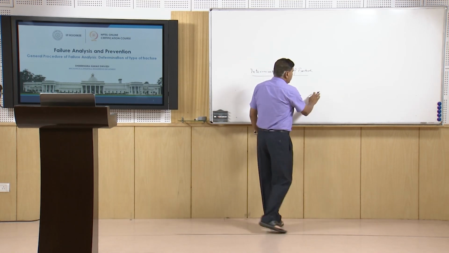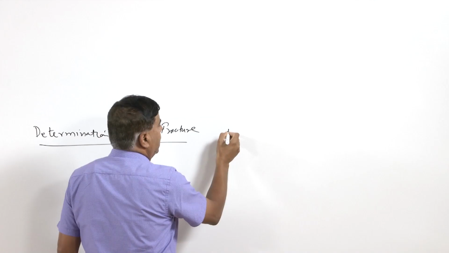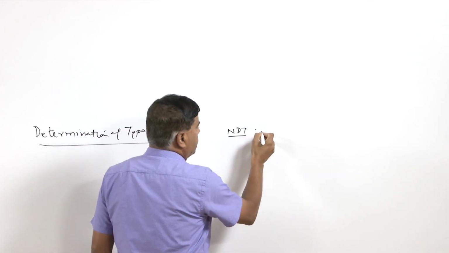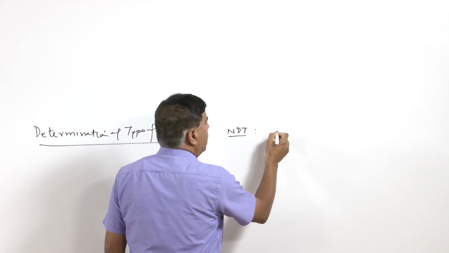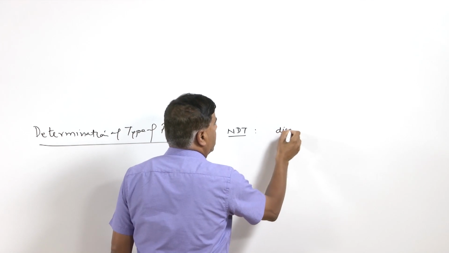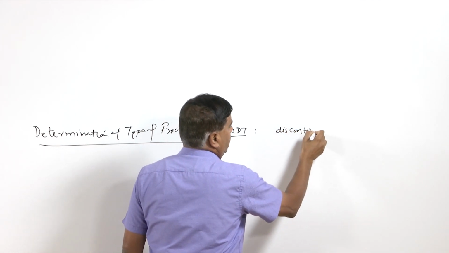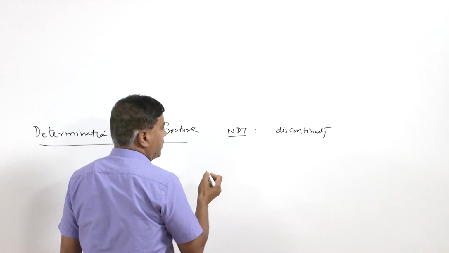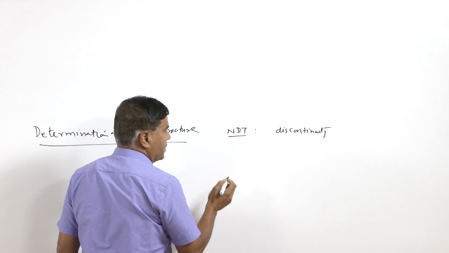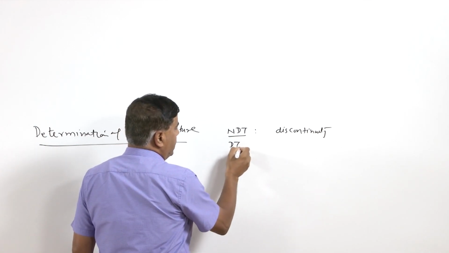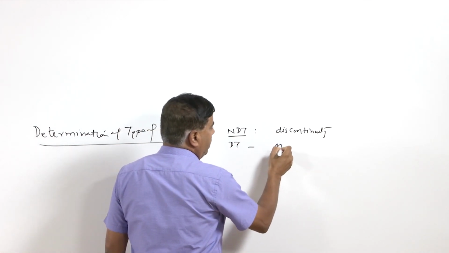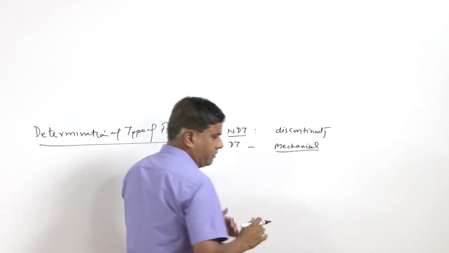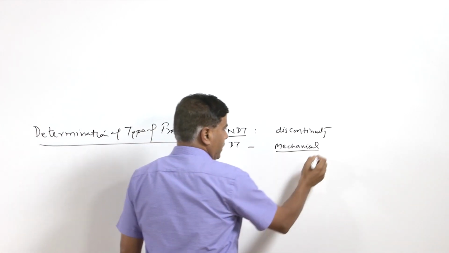You know that we have talked about NDT, non-destructive testing, which is used for determining the discontinuities, whether they are present at the surface or underneath the surface of the component. Destructive testing, where the mechanical properties are evaluated in terms of hardness, toughness, tensile strength.